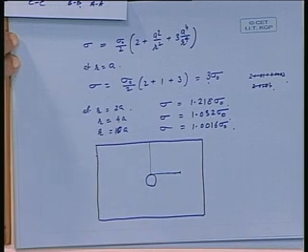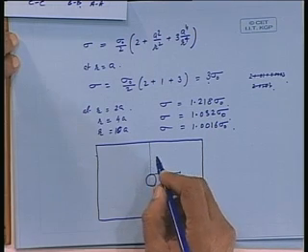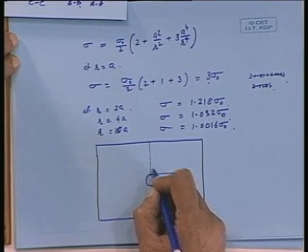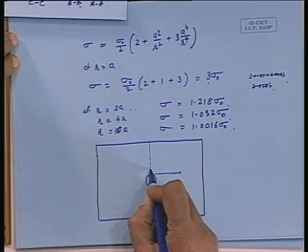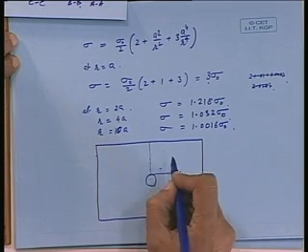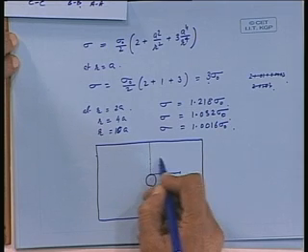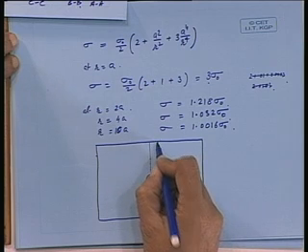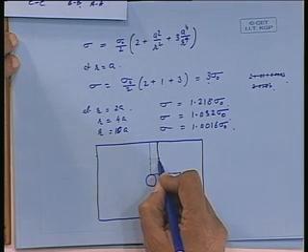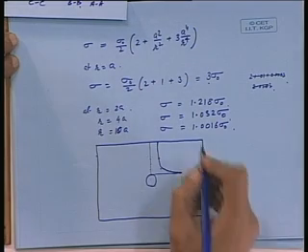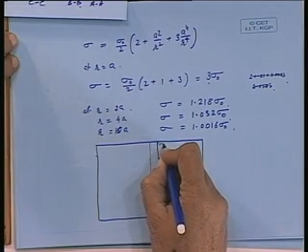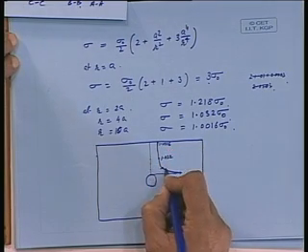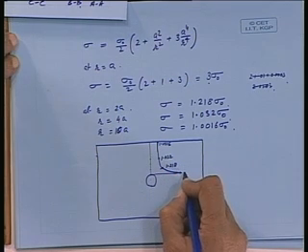This is 3, 1A, 2A. Two is 1.2. So this let us say is 0.0016, this value is 0.032, this value is 1.218, this is 3.